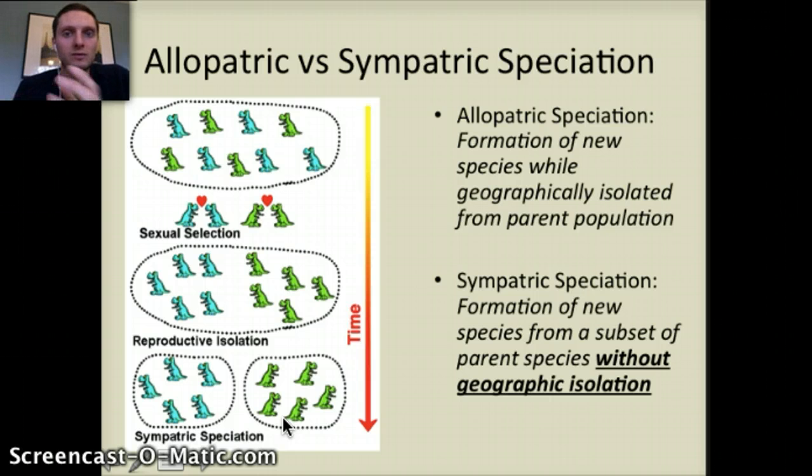There's a huge diversity and variety of cichlid fish, the freshwater fish that I actually have in my classroom. This diversity is caused primarily through sympatric speciation, all in the same region, but because of different sexual selection or temporal isolation, we've seen a number of different species develop over generations.